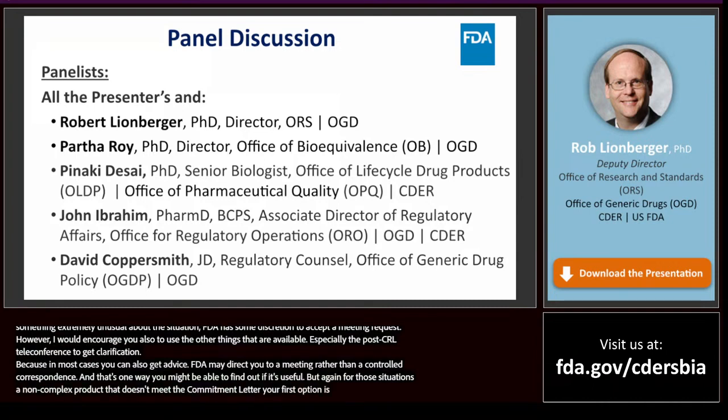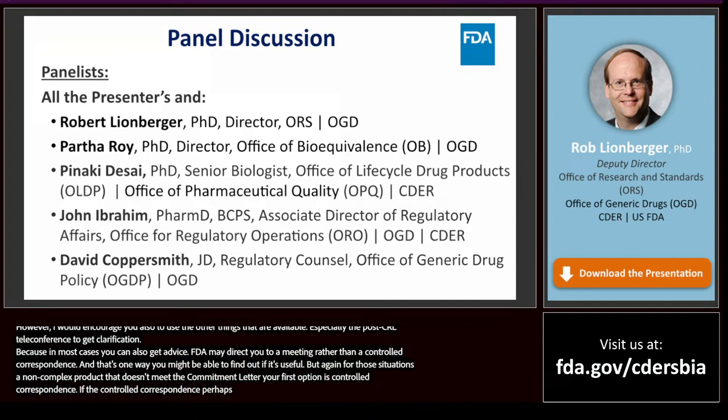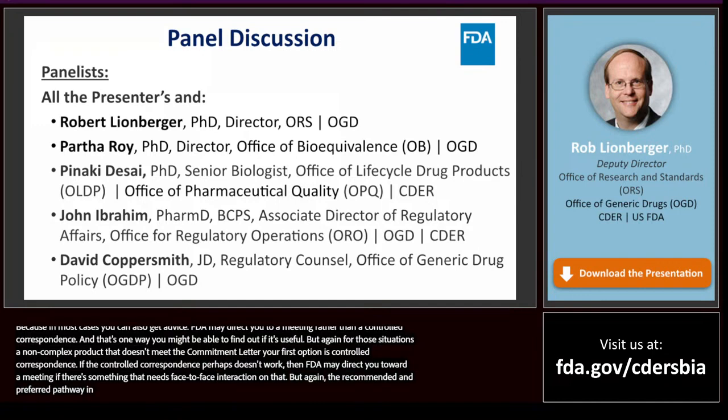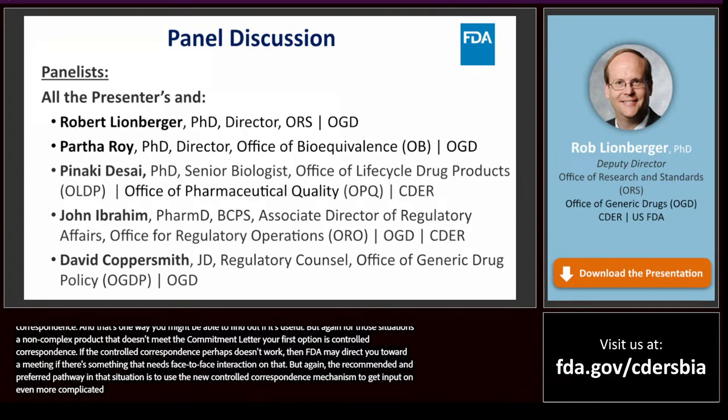If the control correspondence perhaps doesn't work, then FDA may direct you toward a meeting if there's something that needs face-to-face interaction. But again, the recommended and preferred pathway in that situation is to use the new control correspondence mechanism to get input on even more complicated questions.